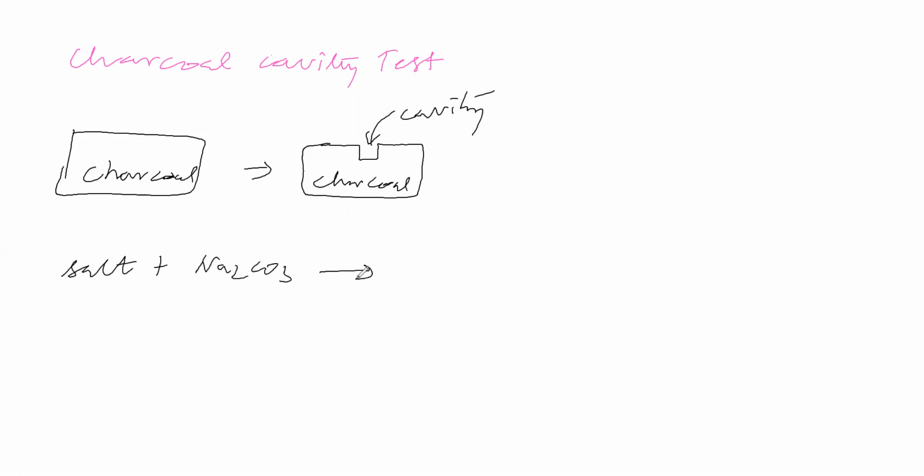Then mix them and crush them into powder form using a spatula. They are mixed thoroughly and give a powder form. This powder substance we have to take in this cavity.